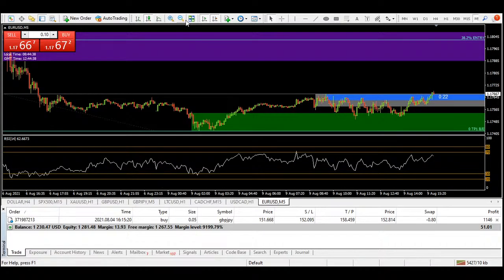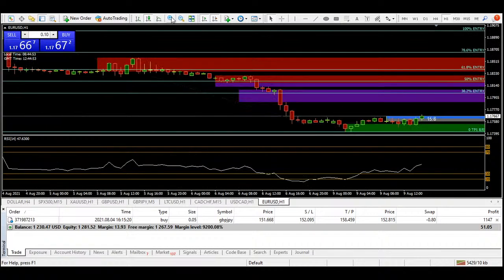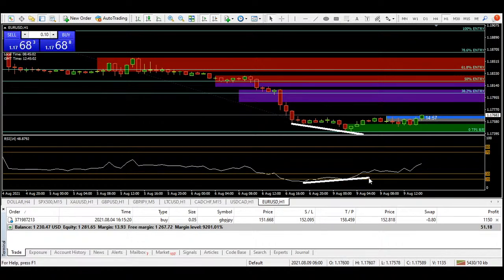And try not to do the indicators too much. So the RSI is almost overbought here. Let's see if we got any divergence anywhere. Yeah, so we do have divergence here and here.